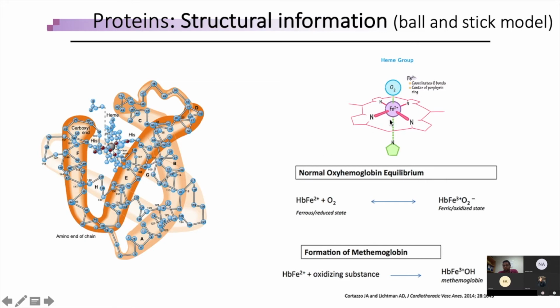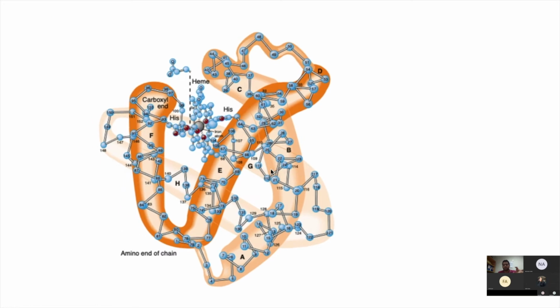This reduced oxygen affinity makes this interaction reversible, which means when oxygen pressure is changed in the tissue organs, this oxygen can be released.